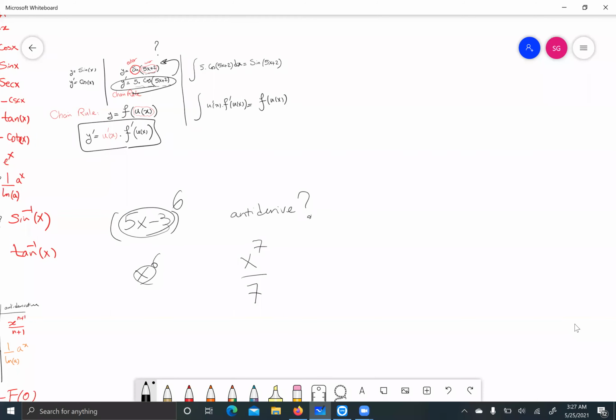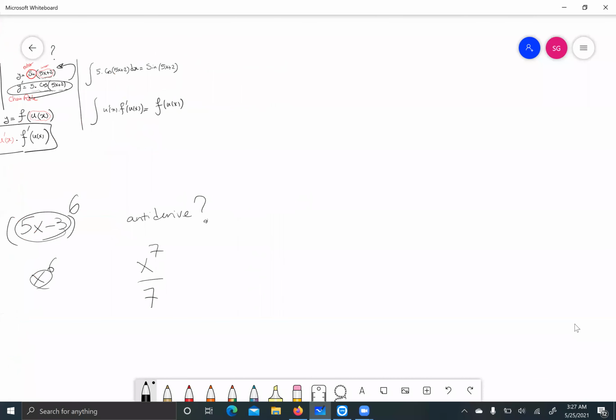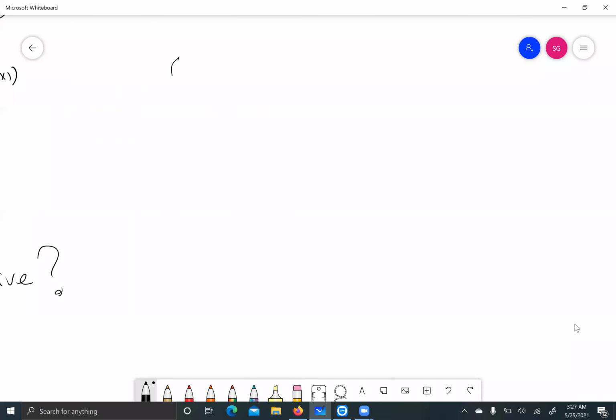So suppose you are looking for the integral of 5x minus 3 to the power of 6 with respect to x.